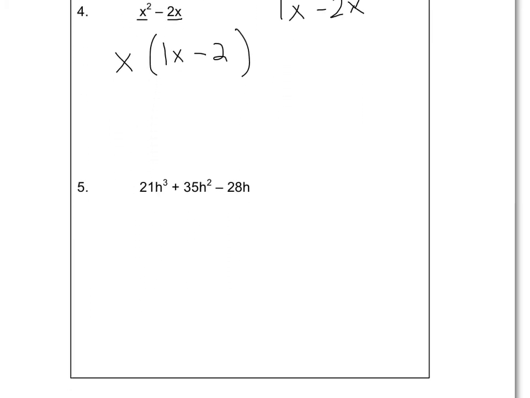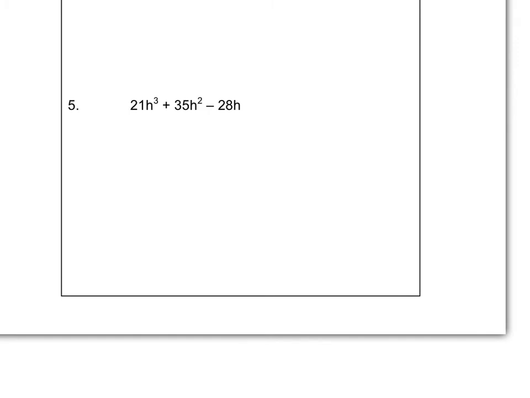Now, let's take a look at example number 5, because example number 5 is a little bit different. You'll notice example number 5 has 3 terms. We can still factor out a greatest common factor. Again, what's the biggest number that will go into 21, 35, and 28? Well, that case here is 7. So I'm going to factor out a 7.